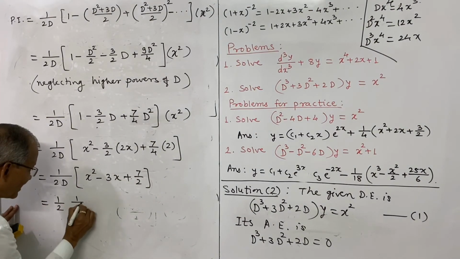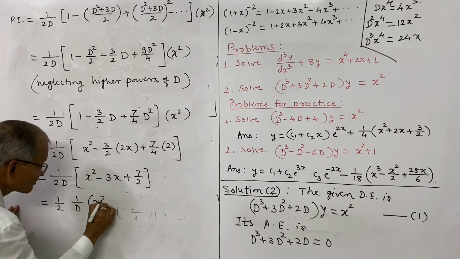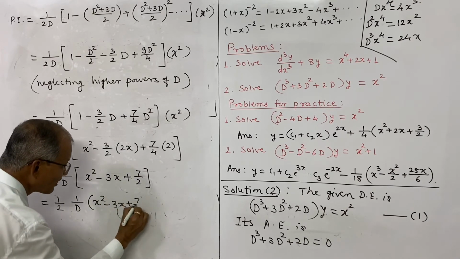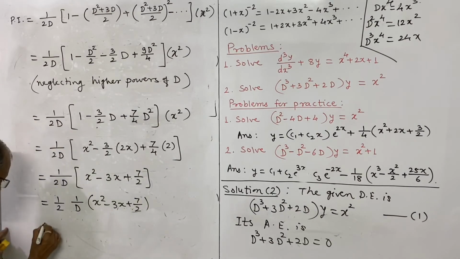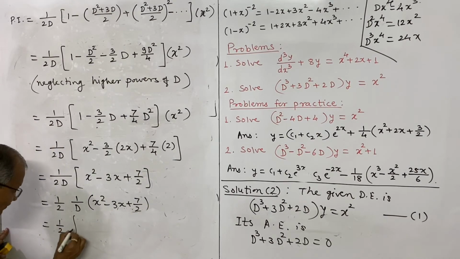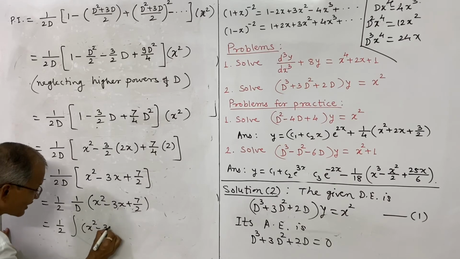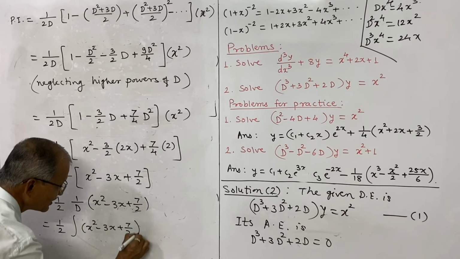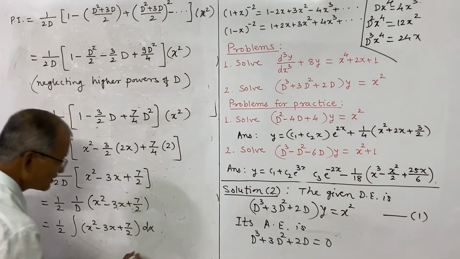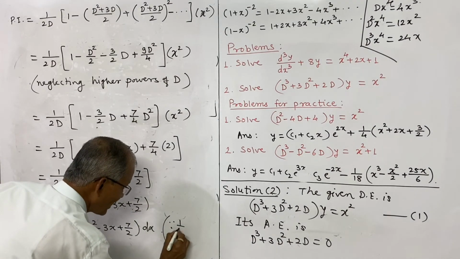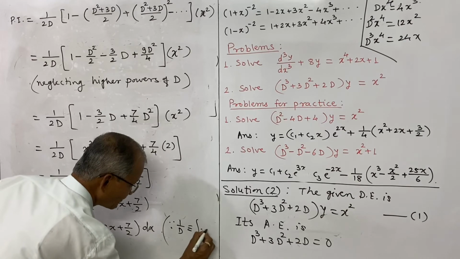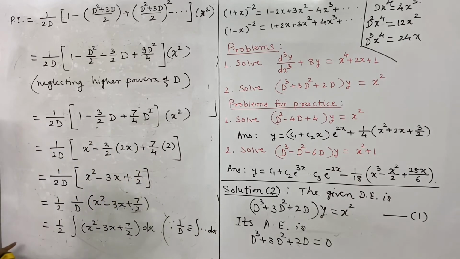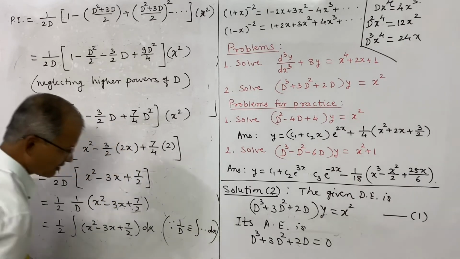So therefore 1 by d of x square minus 3x plus 7 by 2 we should write as 1/2 integral of x square minus 3x plus 7 by 2 with respect to x, since 1 by d stands for integration with respect to x. So this is to be noted.